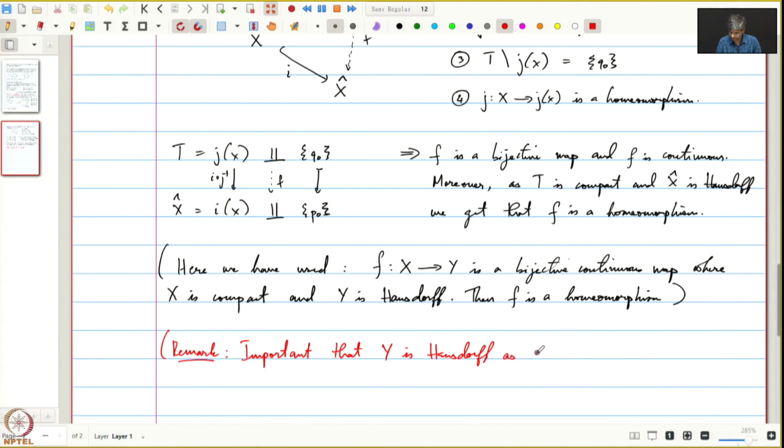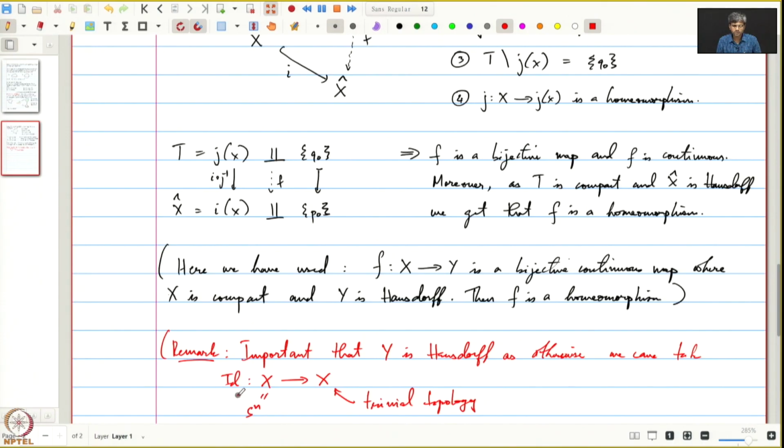Otherwise we can take the identity map from X to X, and give the target X the trivial topology. For instance, we can take X to be S n.